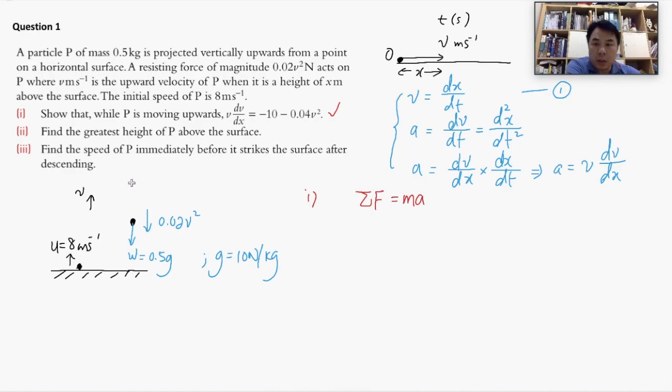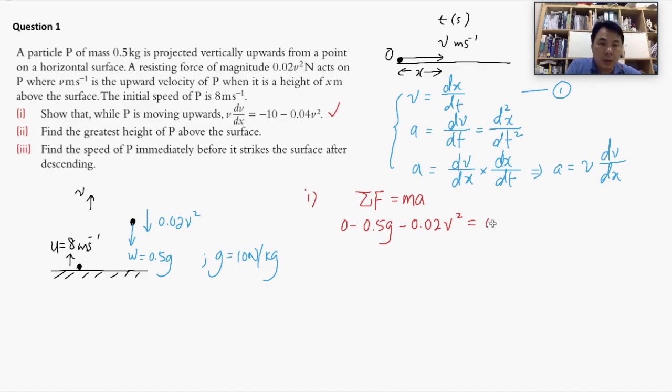Based on this diagram, the resultant force is 0 minus 0.5 g minus 0.02 v squared. There is no upward force, so we represent 0 as the upward force, and there are two downward forces, so we subtract those. The resultant force produces acceleration on the object itself.